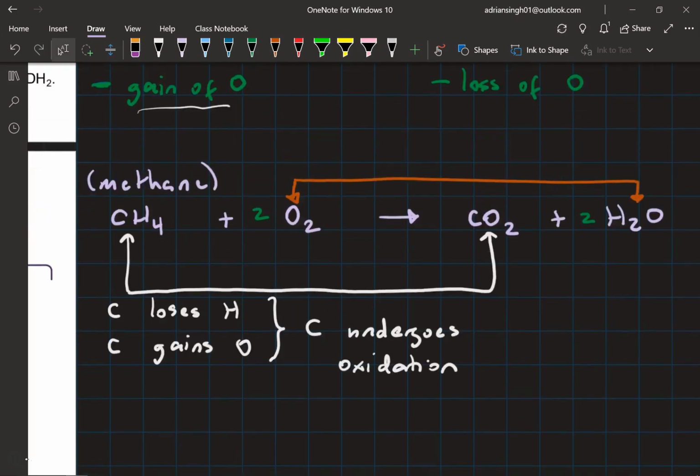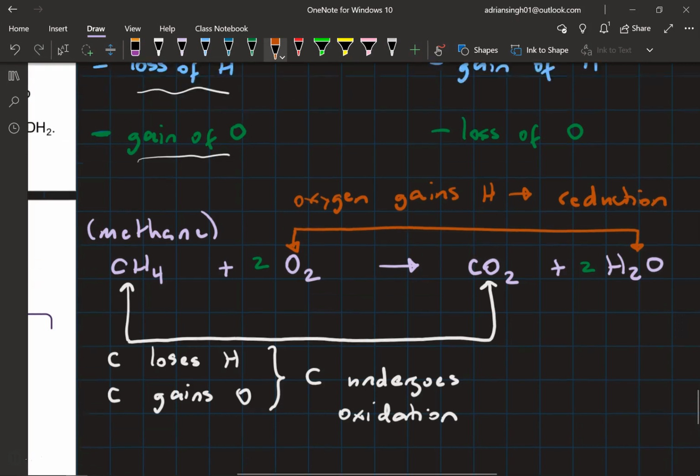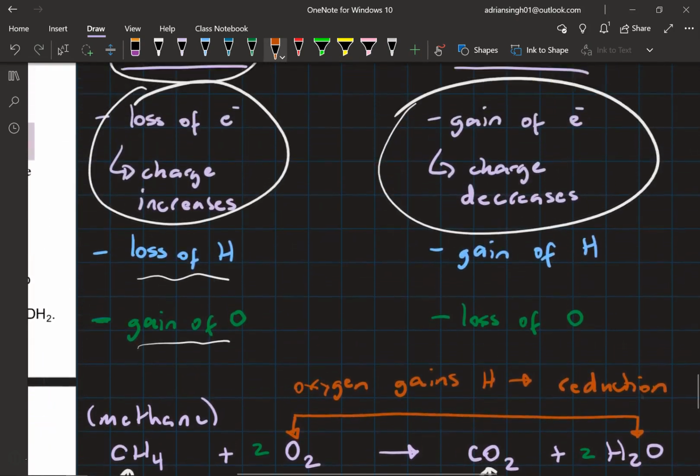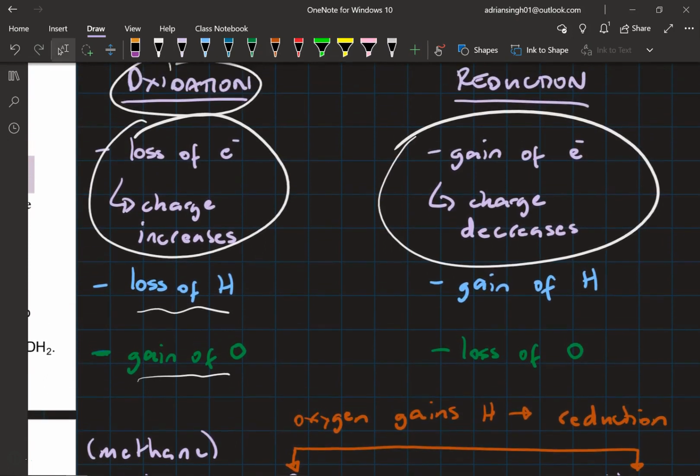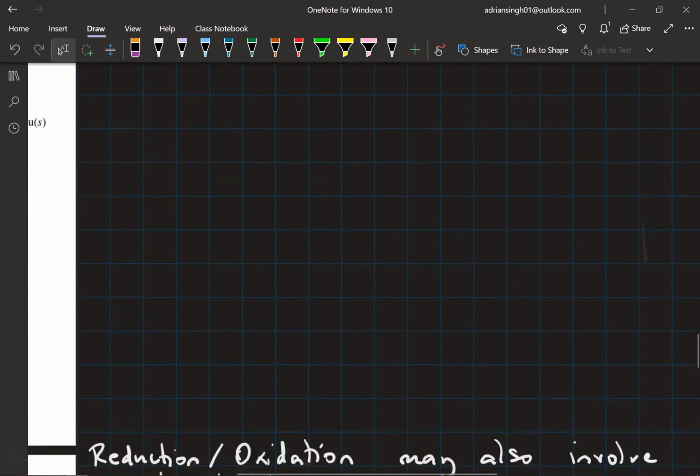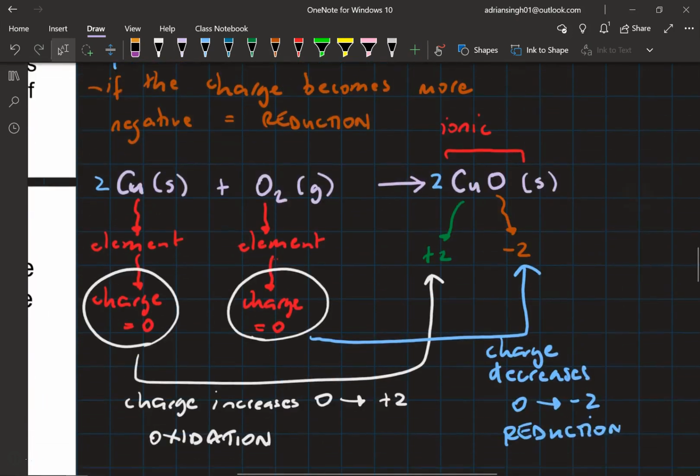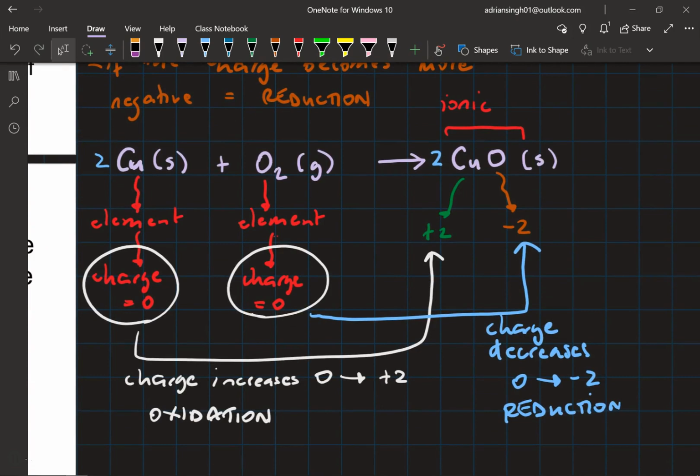All right, so the oxygen then gains H, so we can say then the oxygen undergoes reduction. So in some instances, it's a lot more straightforward to look at the hydrogens and the oxygens to see whether something is undergoing oxidation or reduction. In other cases, you may not have hydrogens and oxygens to look at. So in that case, you look at the charges, which give you an indication of the electrons.